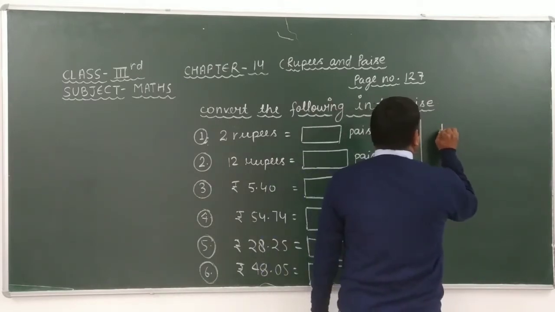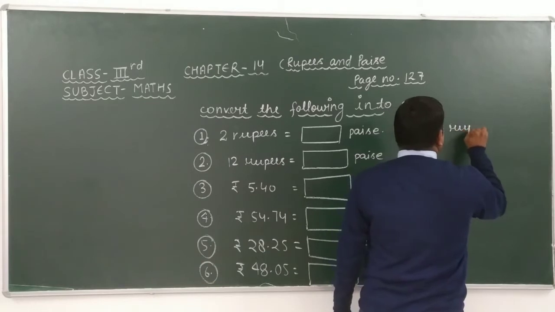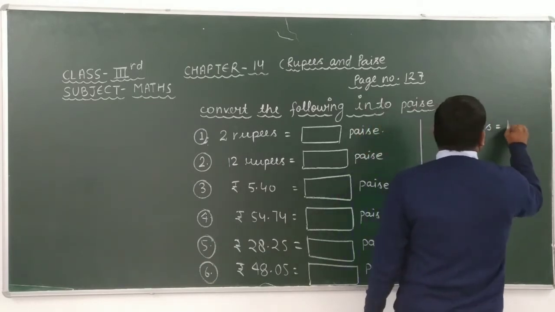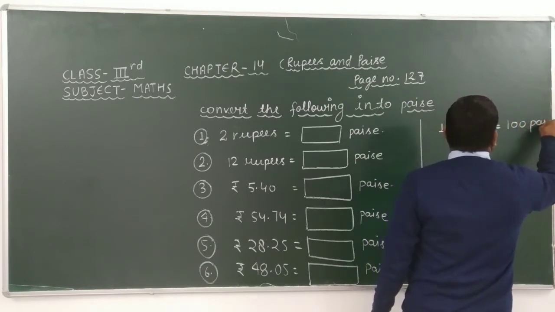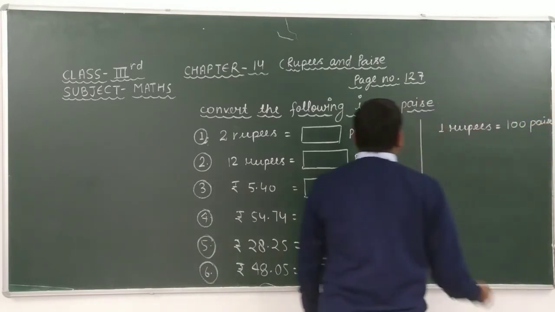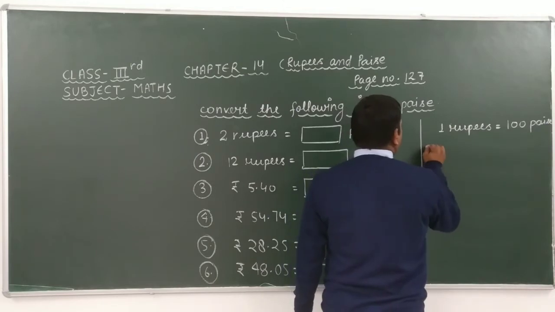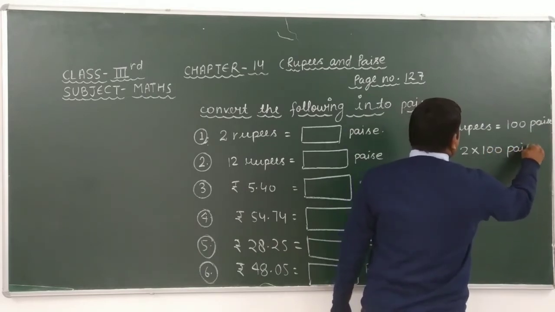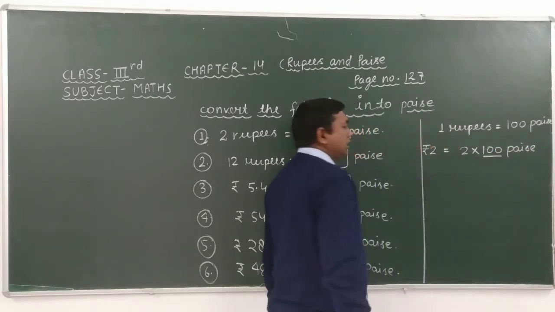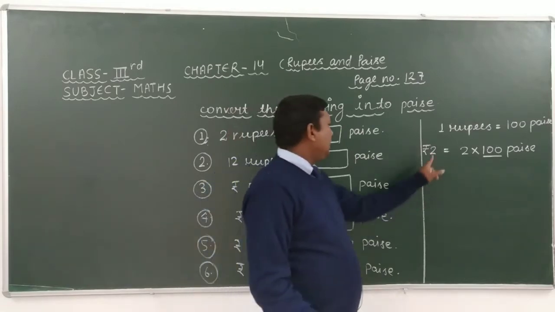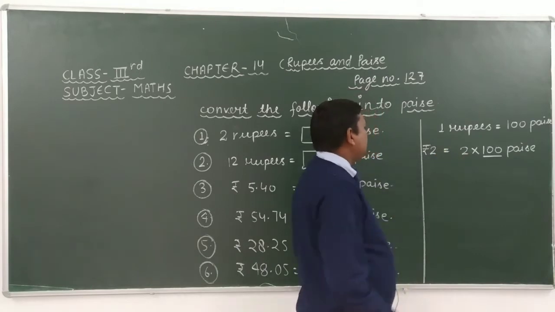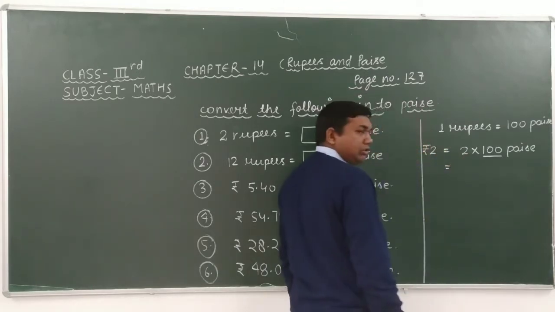Dear students, we know that 1 rupee is equal to 100 paise. Then 2 rupees is equal to 2 into 100 paise. We have to multiply the given rupees by 100.